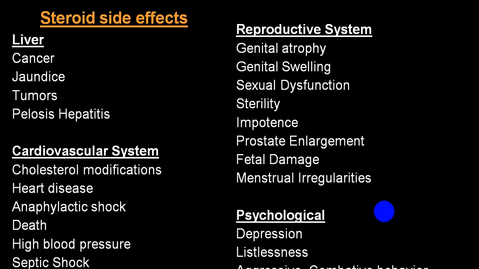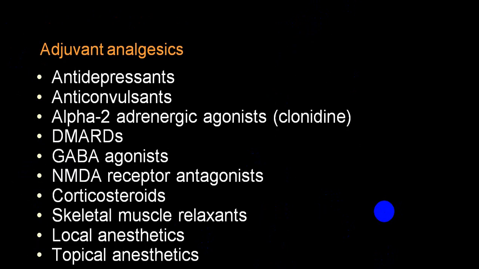Now, apart from steroids, you can use adjuvant analgesics, and the most common indication is neuropathic pain, chronic pain because of cancer, chronic pain because of non-cancerous causes, and chronic pain syndromes.